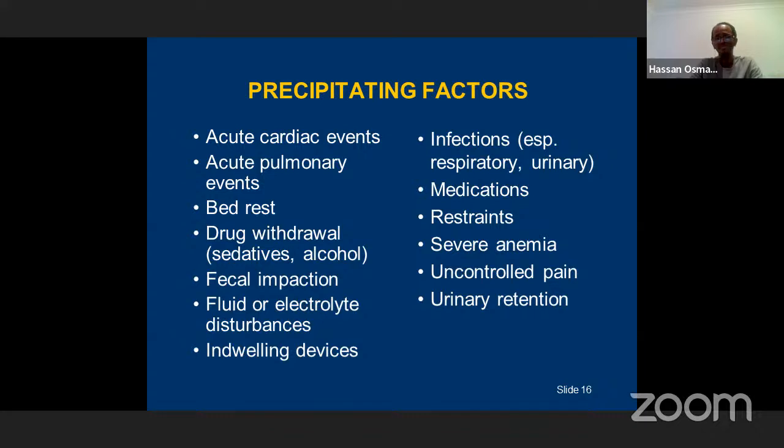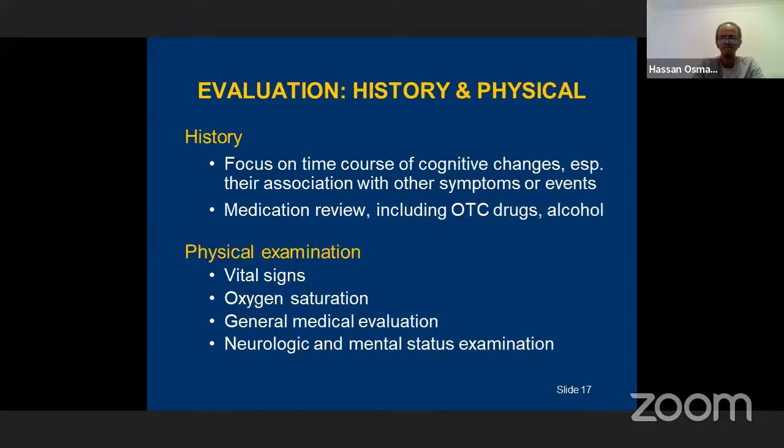Not to mention severe anemia, uncontrolled pain, urinary retention. So all of those things, you could think about them in the manner of the other medical problems and the medication. So those are by far the main groups considered to be a risk, a precipitating or a triggering factor.